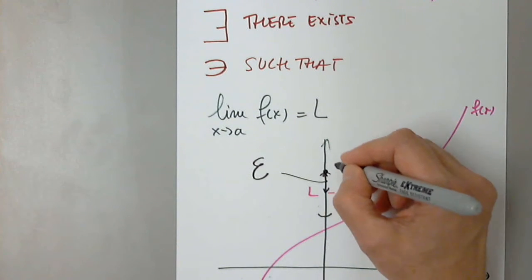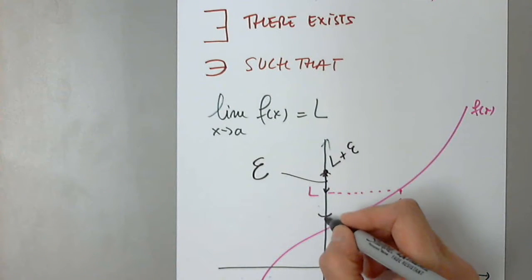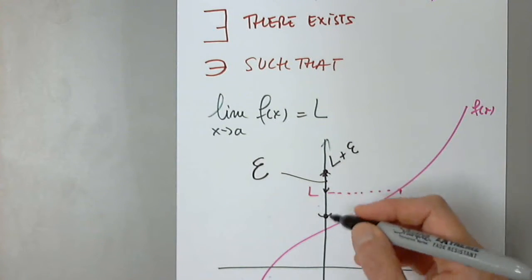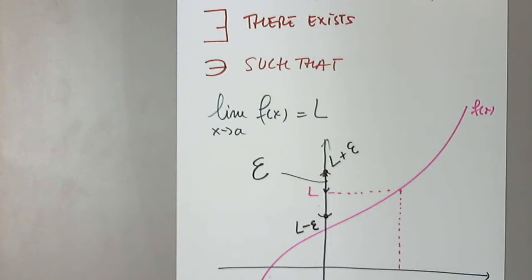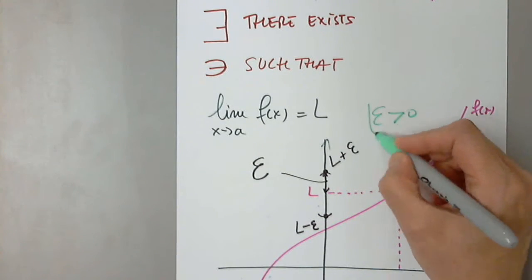This upper number will be L plus epsilon. What will be this lower number if the interval is symmetric? L minus epsilon. Okay, so let's suppose I come up with an epsilon. Positive, of course. Epsilon must be a positive number.